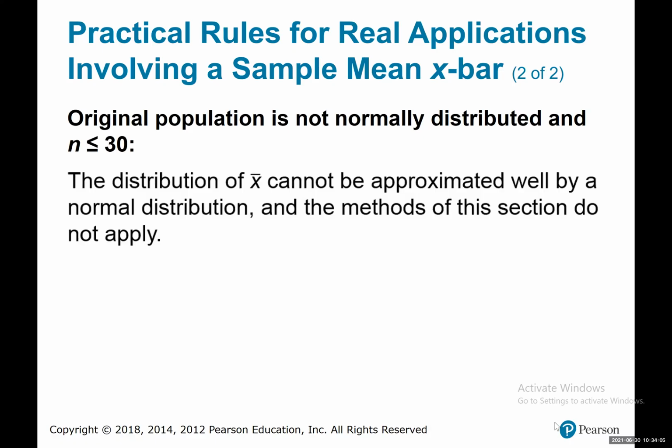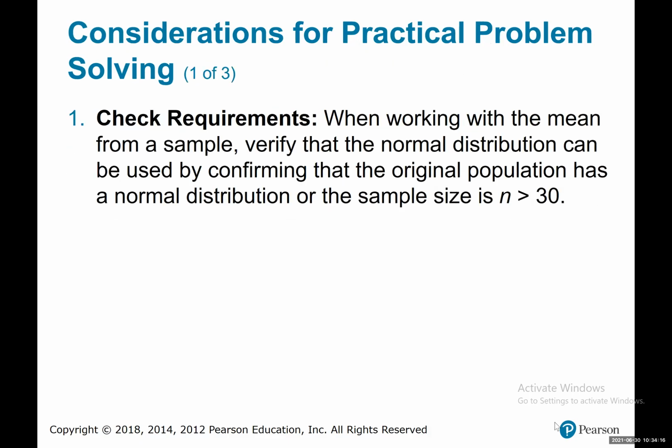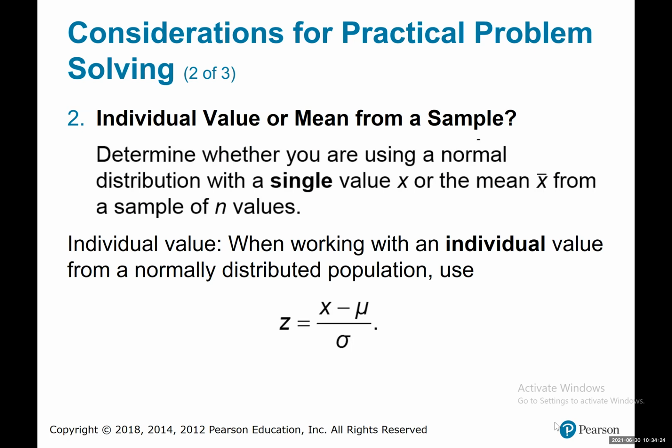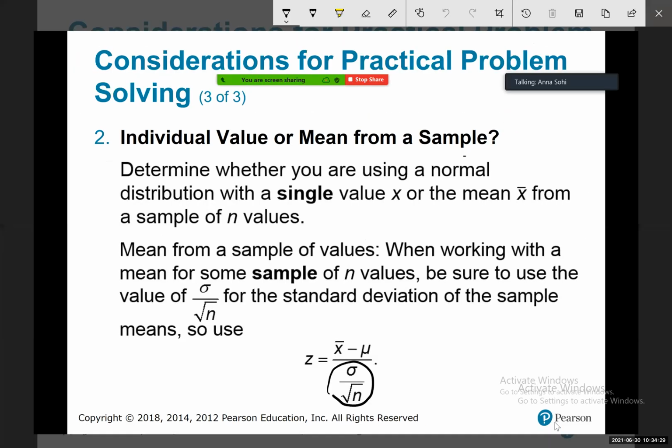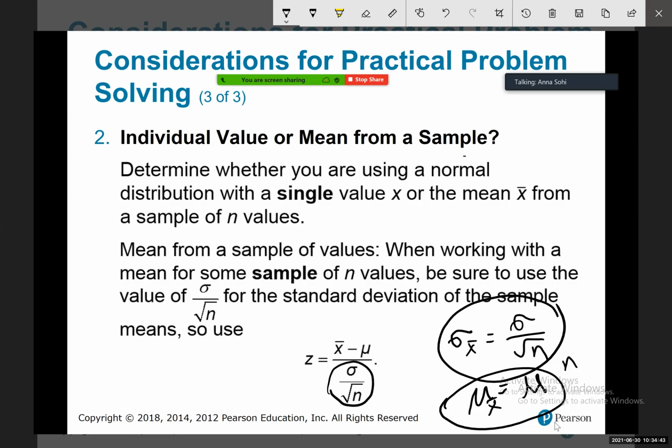If n is less than or equal to 30, then it's not a good approximation using the central limit theorem. You check the requirements. You need to make sure n is greater than 30, and that your new sigma is sigma over root n, and mu of x bar is mu, and n is greater than 30.